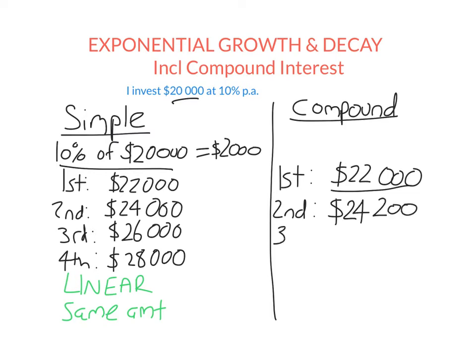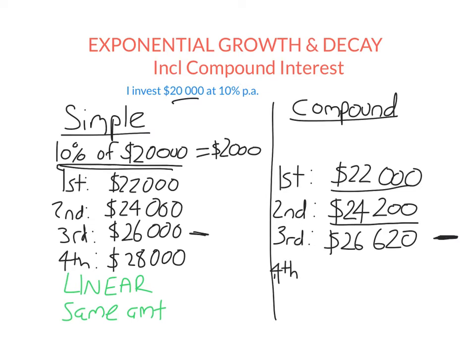Now to find out how much I would have after the end of the third year, I don't find 10% of what I started with, I find 10% of the previous year. So 10% of 24,200 is 2,420, so I need to add that on, 2,420. So you can see I now have more with compound interest than I would with simple interest. And then let's say we do it again for the fourth year.